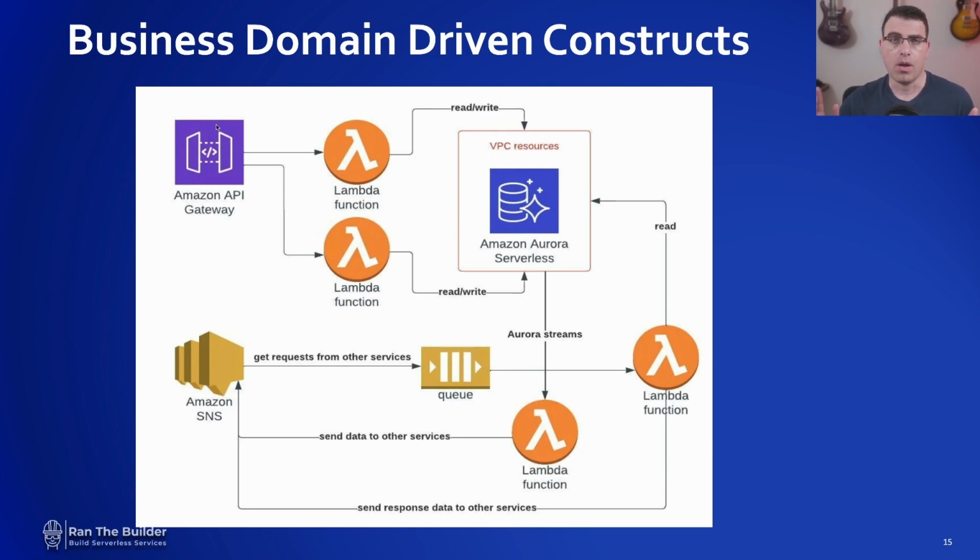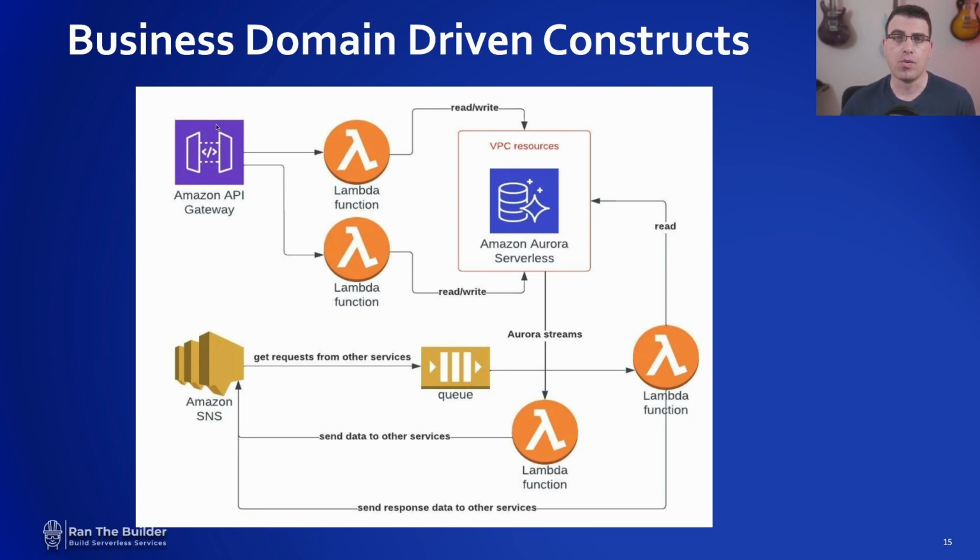Okay, so we understand that we need to use constructs and that we need to share them. How do we build them? How do we model the constructs? Let's take a look at this example service. In this case, I have two parts. I have the CRUD API: an Amazon API Gateway triggers two Lambda functions that write to an Aurora Serverless cluster inside a VPC.